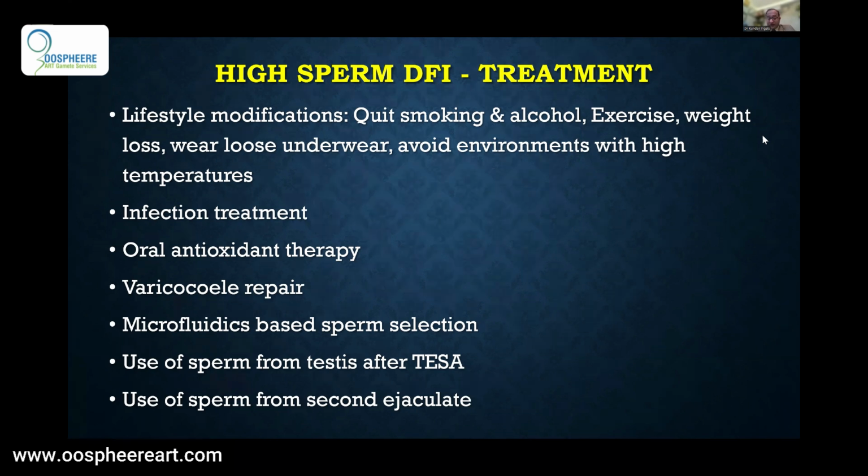If there is a grade 3 clinically palpable varicocele, only that varicocele needs repair. Or you can go for different sperm selection methods like microfluidics, or take sperms from TESA, or sometimes take a sperm from the second ejaculate.